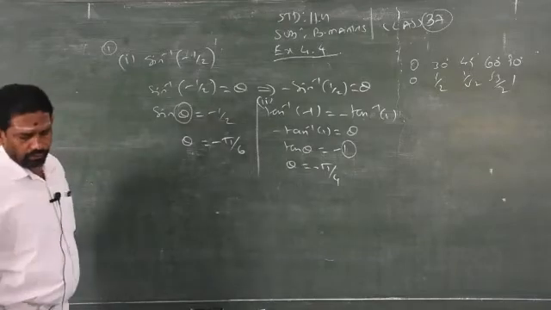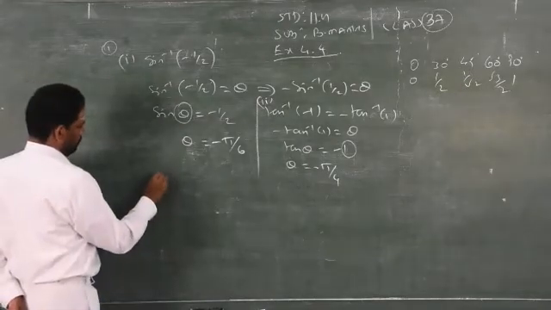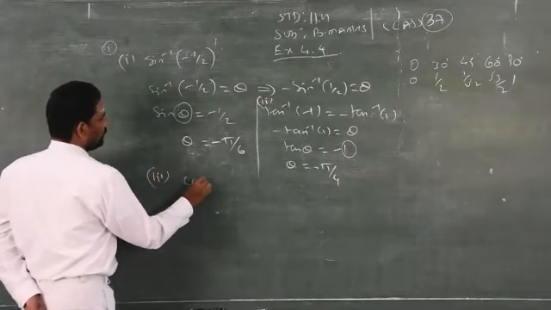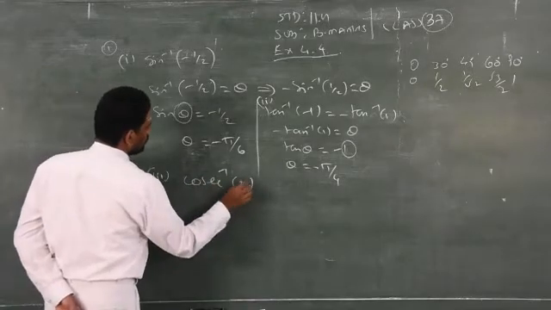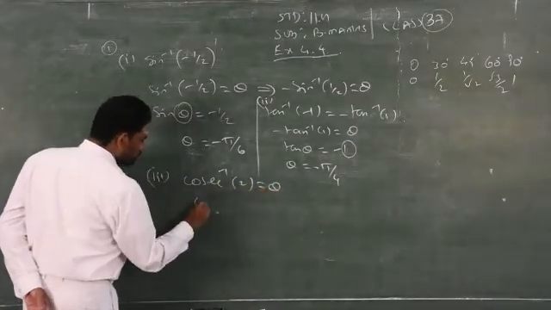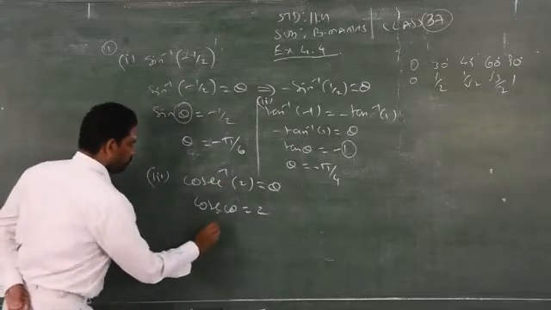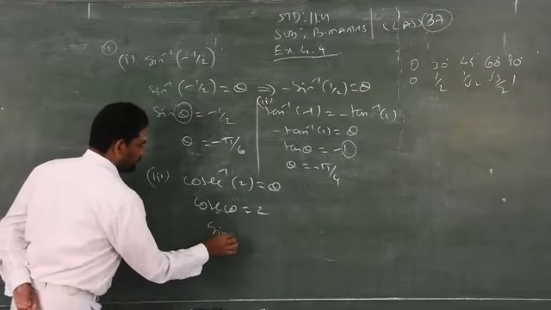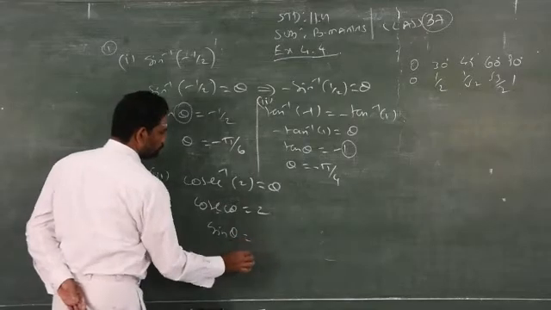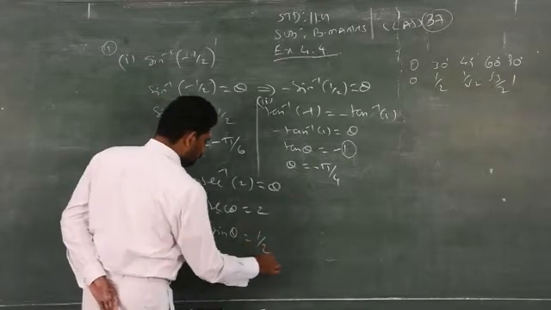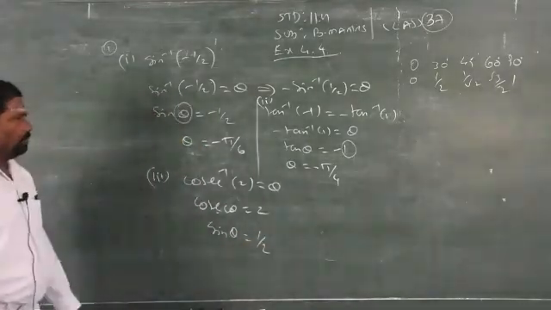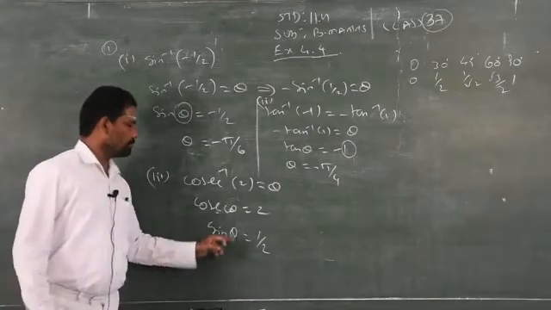Clear? Similarly, you can find out cosecant inverse. What is cosecant inverse of 2 is equal to theta? So cosecant theta is equal to 2. This is the reciprocal of what? Sin theta. 1 by sin theta is 2.